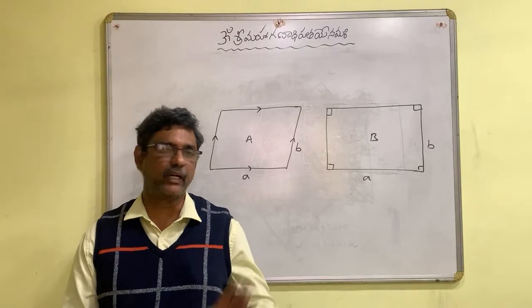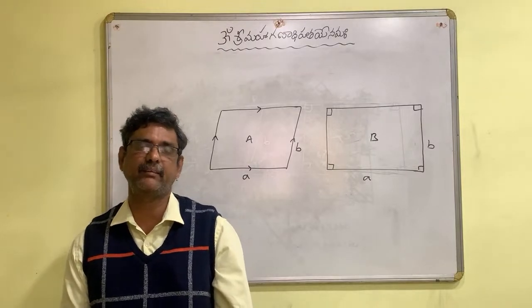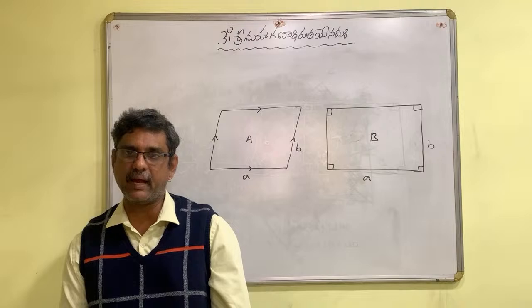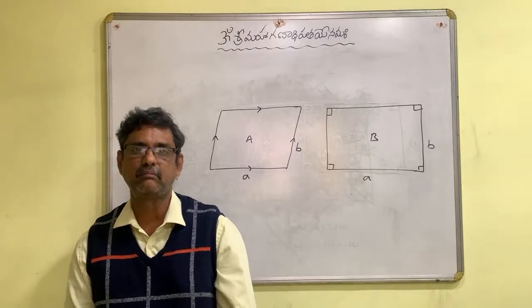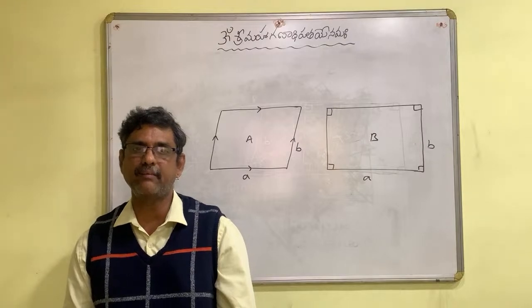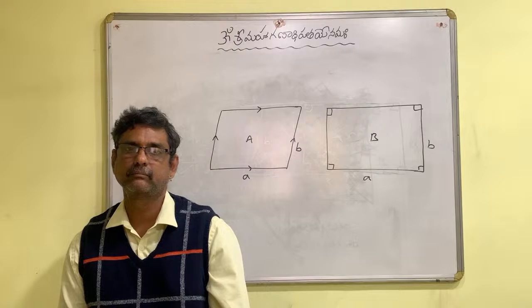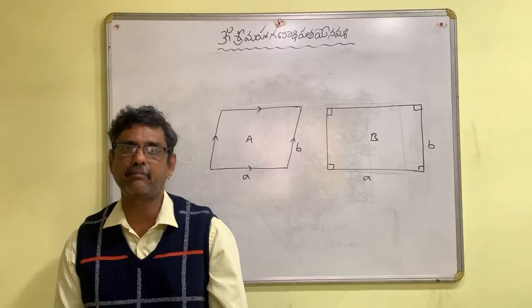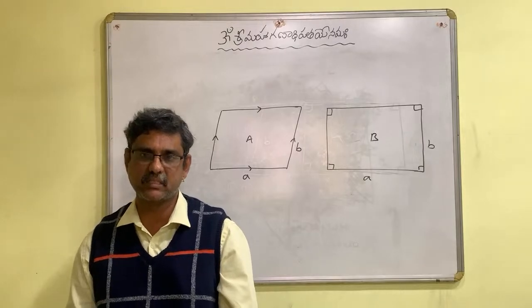Yesterday's takeaway question. There is a parallelogram and a rectangle. Both are having the same sides. The area of the parallelogram is A units and the area of the rectangle is B units.